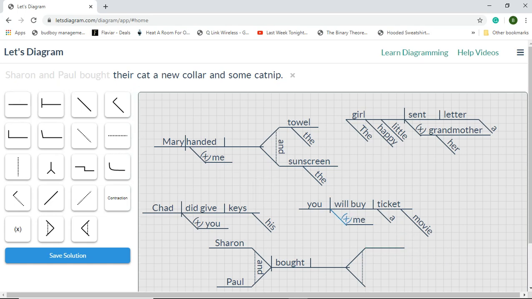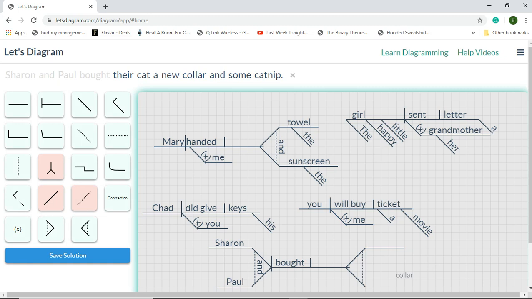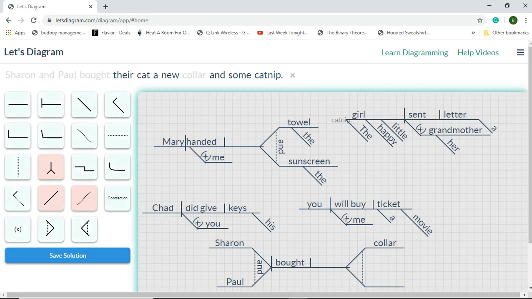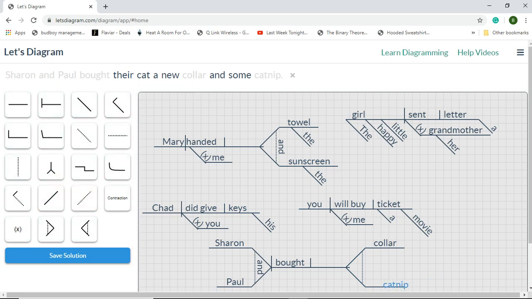So we got a collar for the cat. Okay. And they got, come right in here, some catnip for the cat. And what connects these two? Coordinating conjunction, and that's what connects them. Throw that right there. Okay.